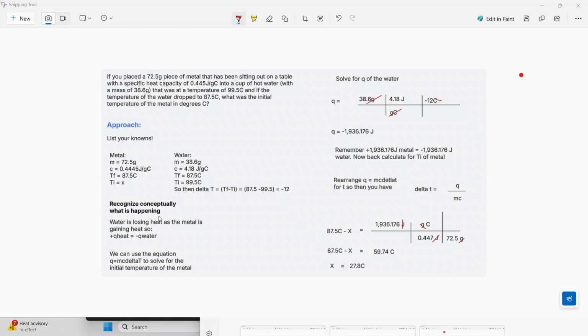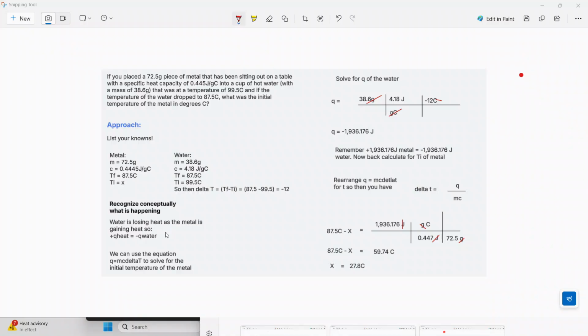My mistake. So then after you list out your knowns, recognize what is happening conceptually. So it stated that the water was initially at this high temperature and then it dropped to 87.5 degrees Celsius. So that means that water is losing heat.